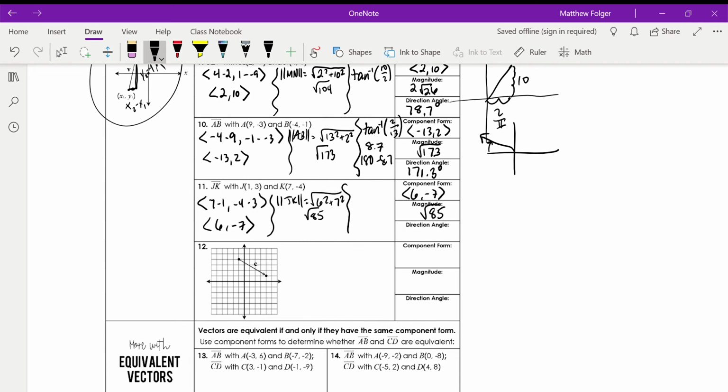And now again, what quadrant are we in here? Well, 6, -7 is in the fourth quadrant. So we make these positive, both the 6 and the 7, and then we have to put it in the fourth quadrant.